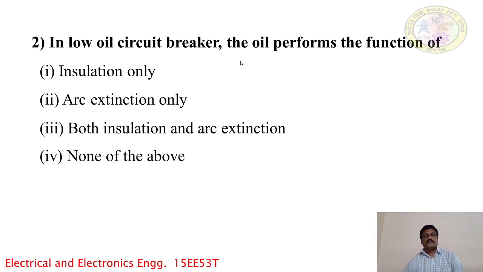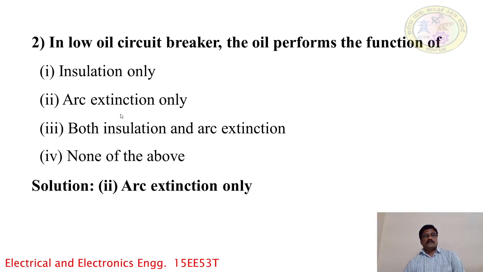So in low oil circuit breaker, the oil performs the function of arc extinction only, not insulation. In bulk oil circuit breaker, the oil performs insulation as well as arc extinction.